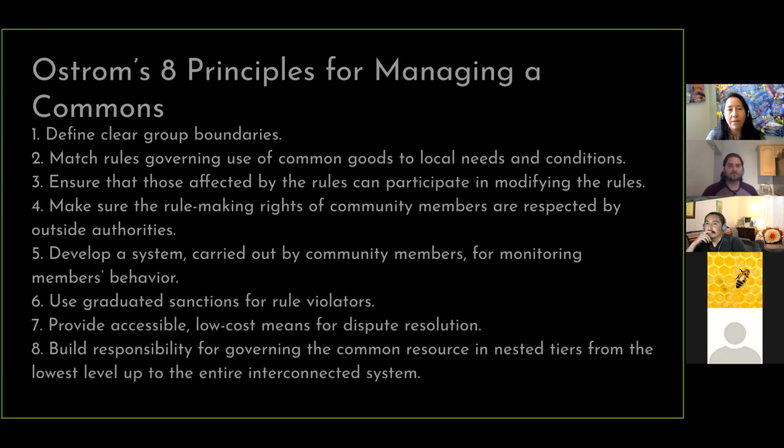So as part of my fellowship, they focused a lot about value, trust, these sorts of principles about building behind Web3. And so this is Elinor Ostrom's 8 Principles for Managing a Commons. And so I'll just let you guys read it. I'll take a break.